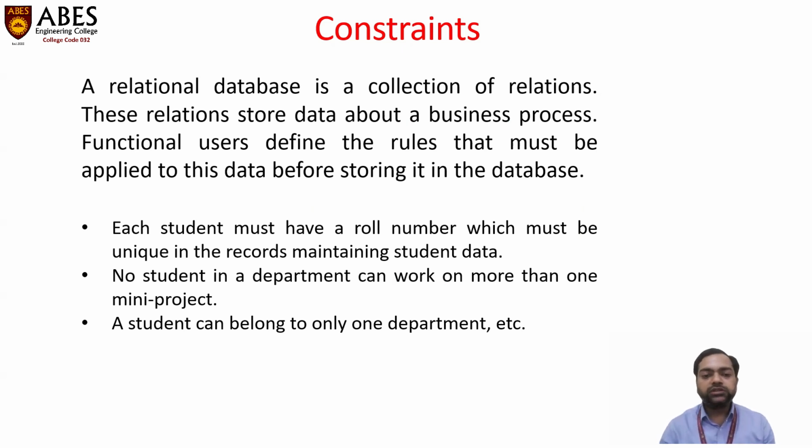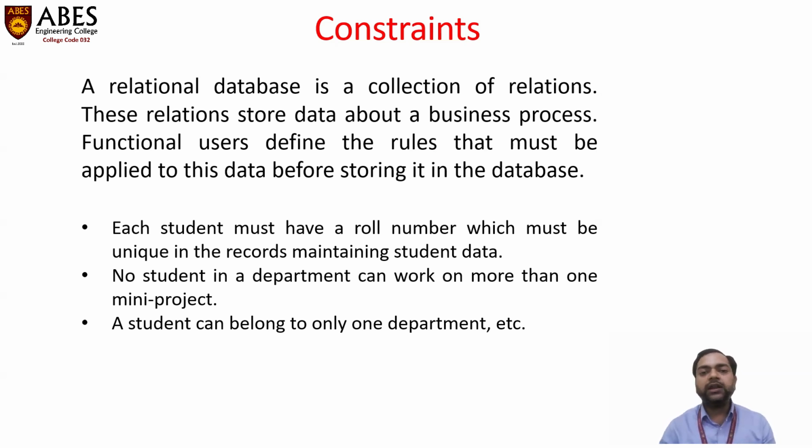Now, functional users define the rules that must be applied to this data before storing it in the database. So basically, constraints are the rules which we can apply on the relations before the data gets stored into them, right? Let's understand with the help of an example. Each student must have a roll number which must be unique in the record maintaining student data.